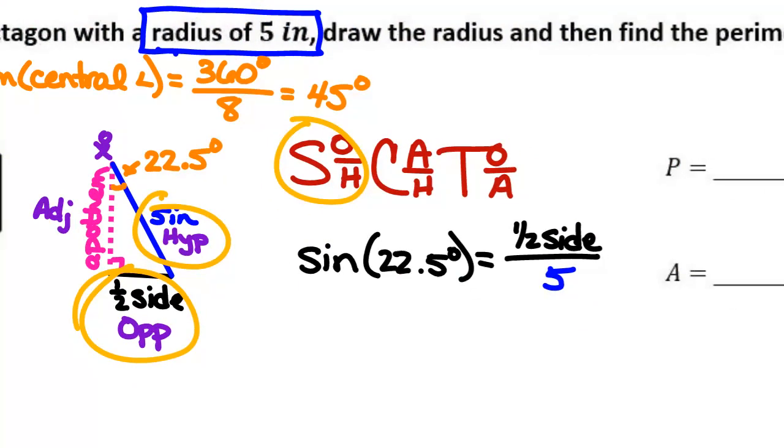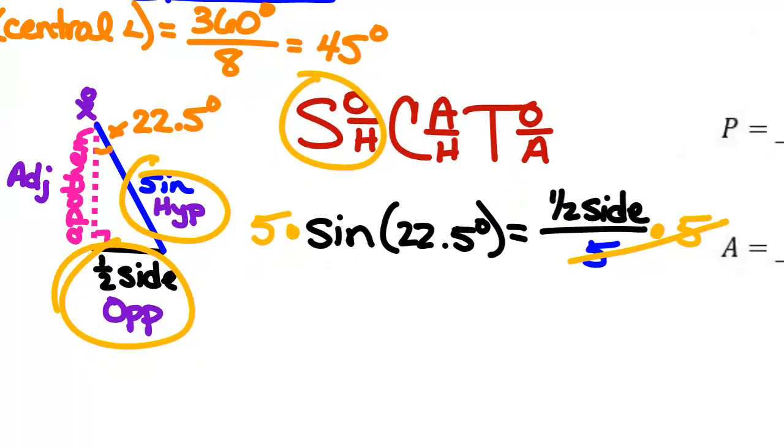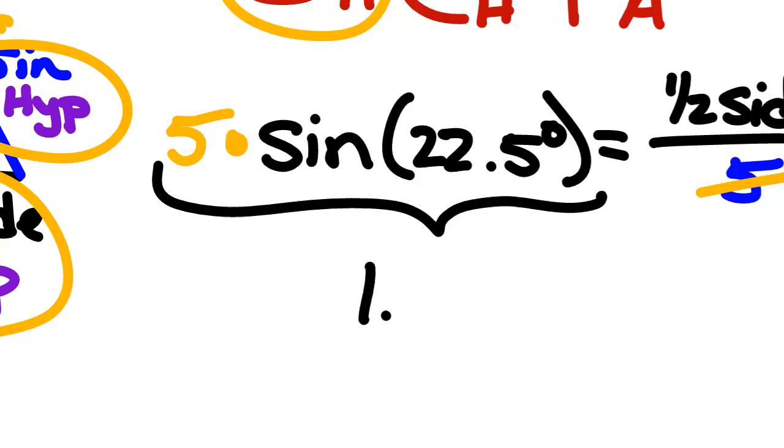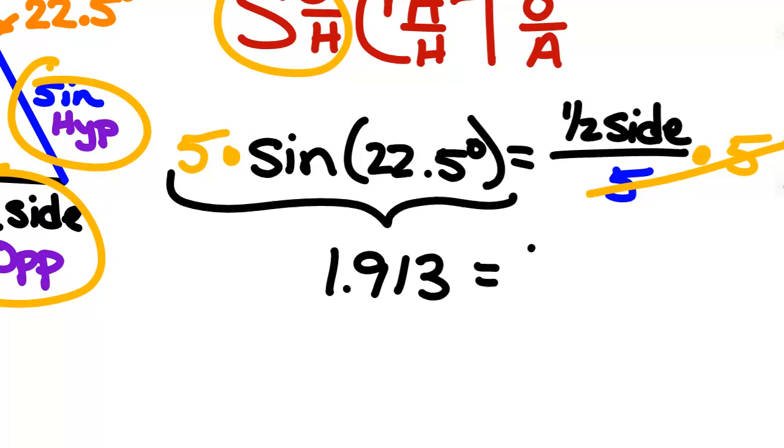How do I get rid of the denominator? Multiply. So we're going to times both sides by 5. It's going to cancel my denominator here. So now I need to put 5 times the sine of 22.5 degrees into my calculator. 0.913 is equal to half the side of the octagon.